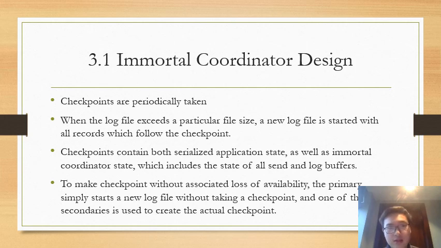Now, as for the checkpoints, they are periodically taken, and when the log file exceeds a particular file size, a new log file is started with all records which follow the checkpoint. The checkpoints contain both serialized application state and Immortal Coordinator state.